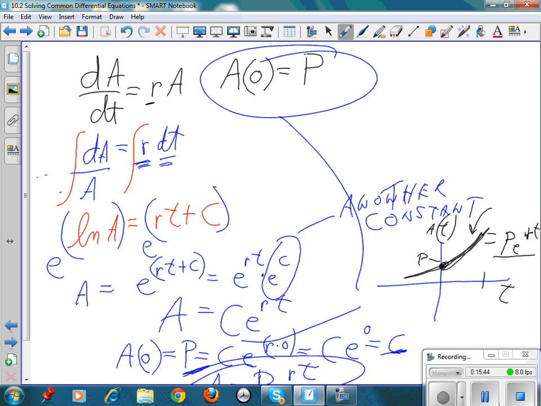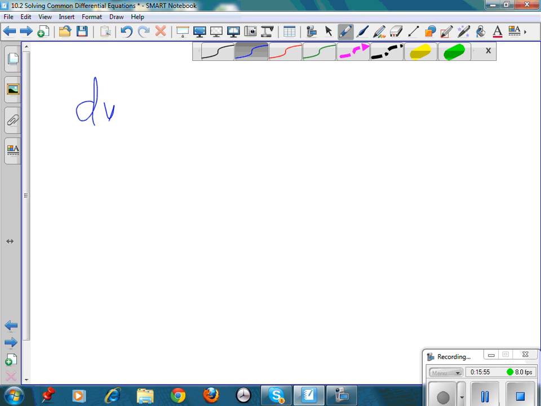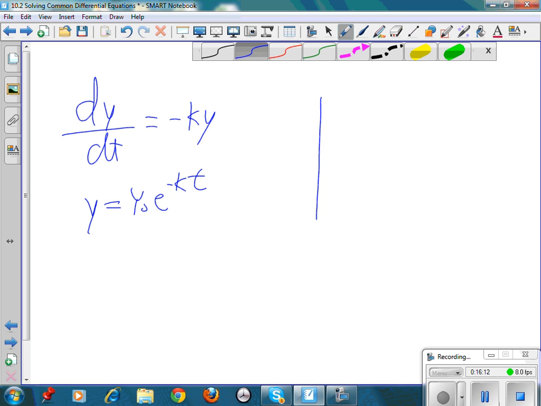This is exponential growth. I could have easily come up with something where I did what? Exponential decay. I'd say, well, dy/dt is equal to minus k times y. Okay, I'm going to do the same kind of solution, and you'd say, well, y is just equal to y0 e to the minus kt. And in this case, my curve, so you could solve this.